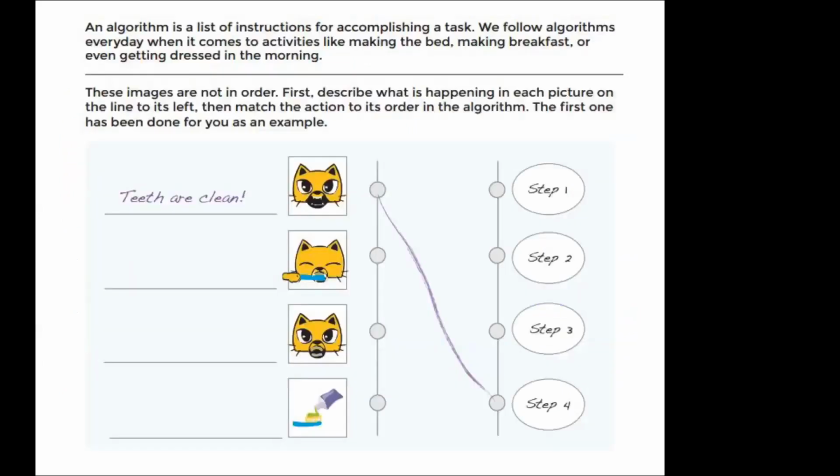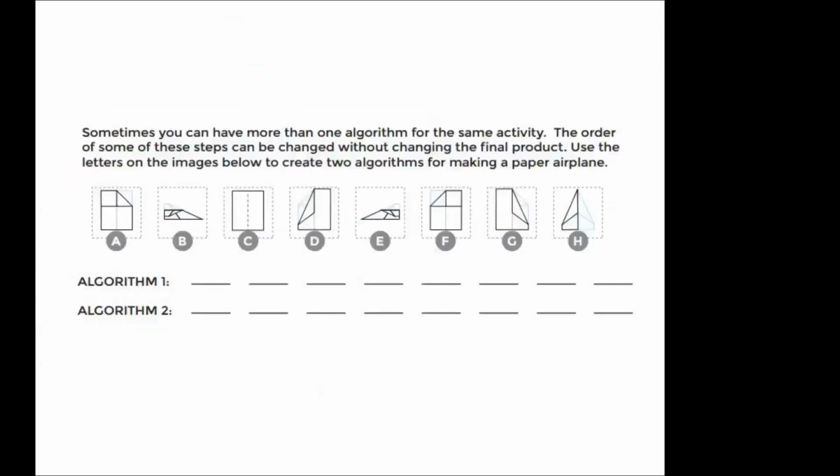So some of these materials, like this one, are from code.org. I think they have a lot of good resources, especially that you can snag a couple of images from for charts if you want to use charts, and then they have some good activities. Next slide, please. You can see that brushing teeth, there's an important sequence there. The airplane, there may be more than one sequence that works. So that's just an example of how I walk through it. Next slide, please.